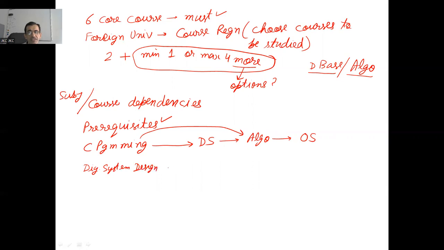After digital system design, you are allowed to study computer organization and architecture. If you have studied COA, only then can you study OS. Similarly, after COA you can go for an advanced architecture course, and also for a microprocessor course.